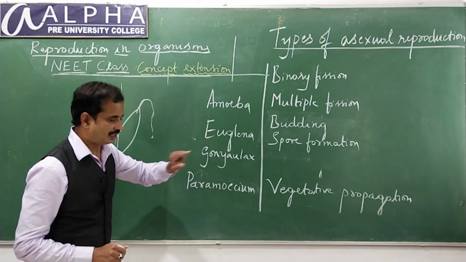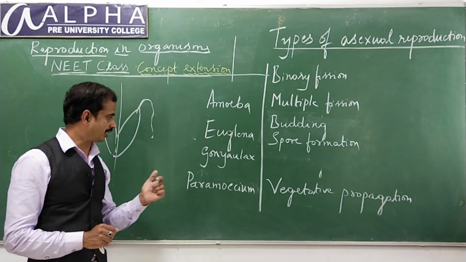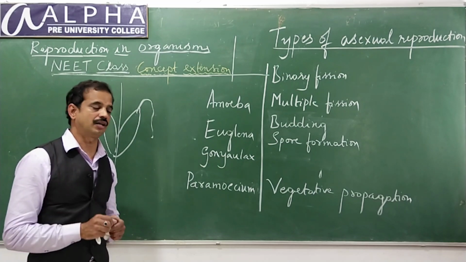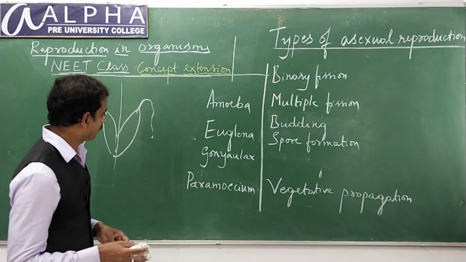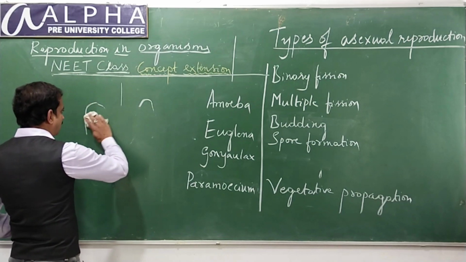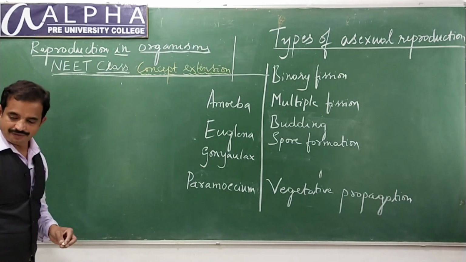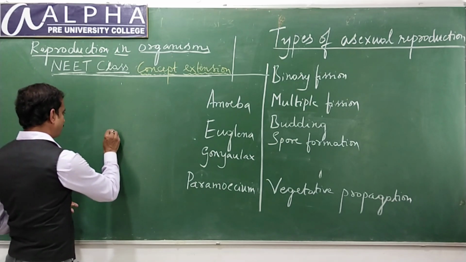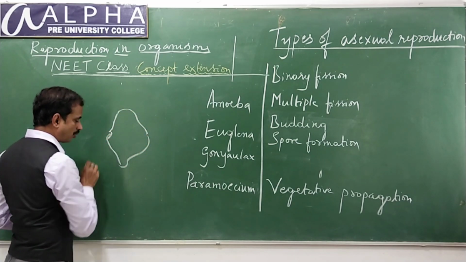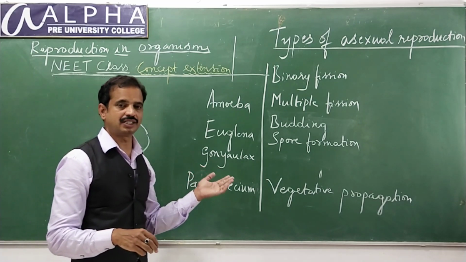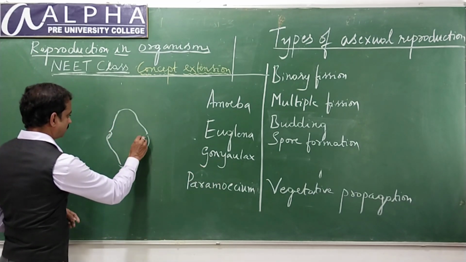And you know the goniolax. Goniolax is again a unicellular organism which is aquatic, and it's considered as algae, and it is a dinoflagellate. It's having two unequal flagella. Cell shape is somewhat like that. I don't want to go to the details of that, we will study that in another class, right?